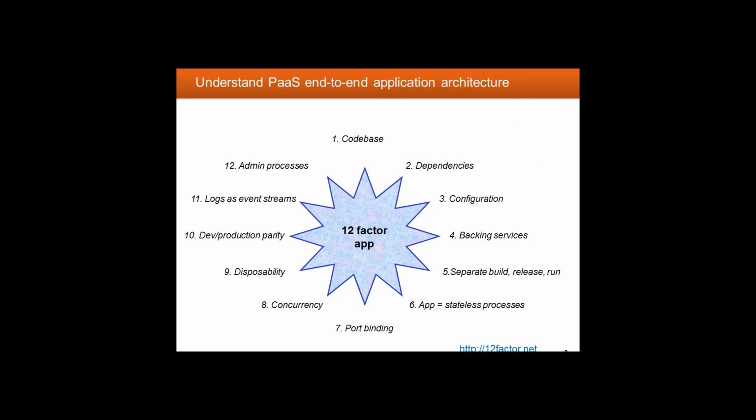Now, the end-to-end application architecture that's typically used in a platform as a service environment may be something that's going to be new to you. And there is an approach and methodology that's called the 12-factor app, which underlies many of the PaaS platforms, which explains why they're structured in the way they are, why they have the particular facilities they do.